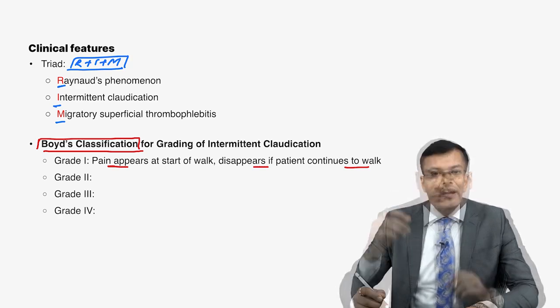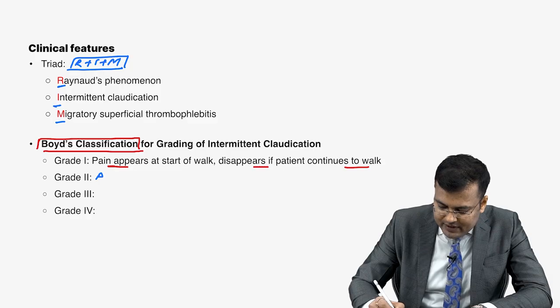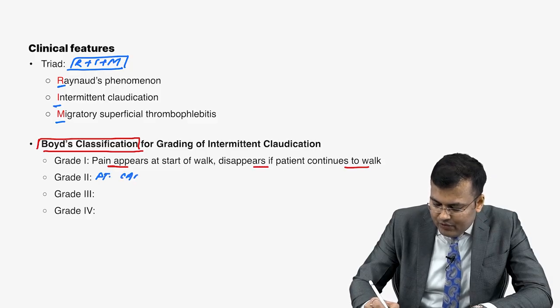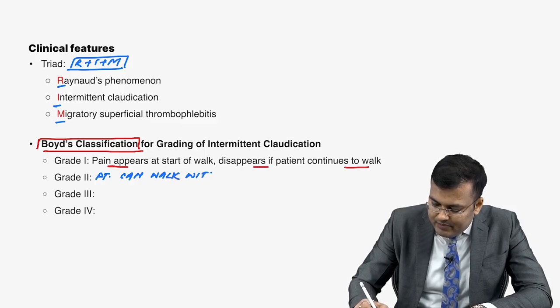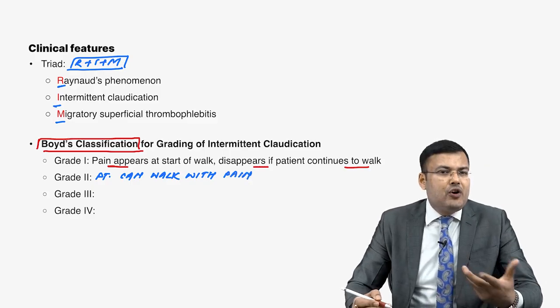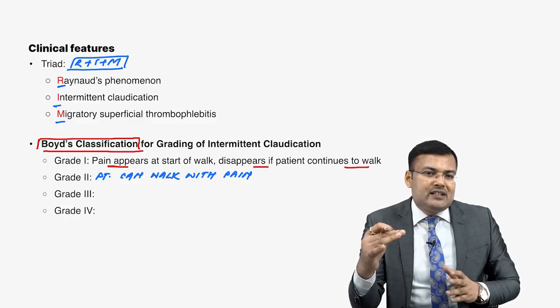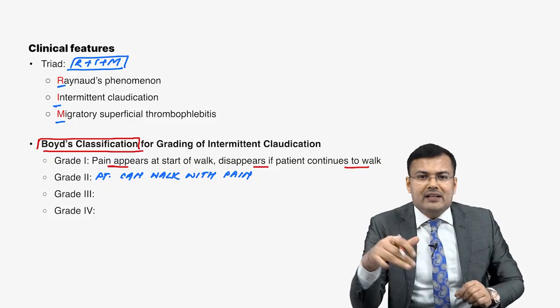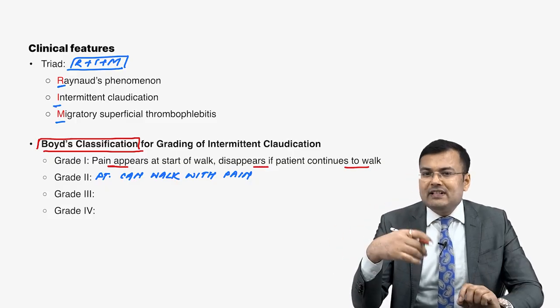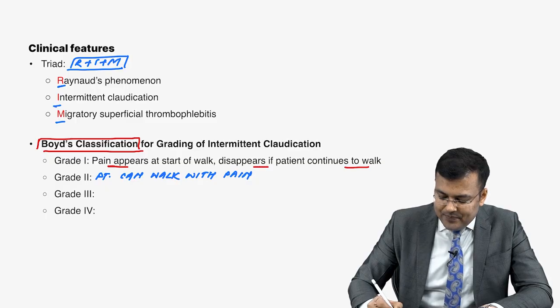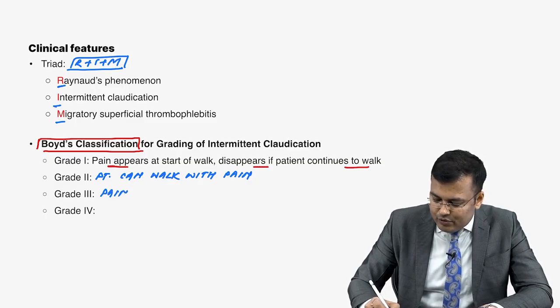Next, grade 2. In grade 2, the patient can walk with pain. Grade 3: here, pain compels the patient to take rest. The patient walks a certain distance, after that takes rest, and after that walks again for a certain distance. So in grade 3, pain compels the patient to take rest.